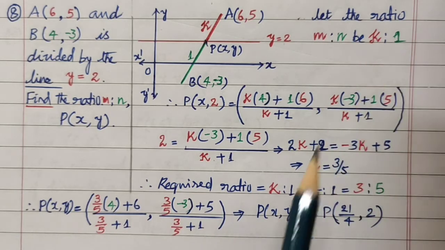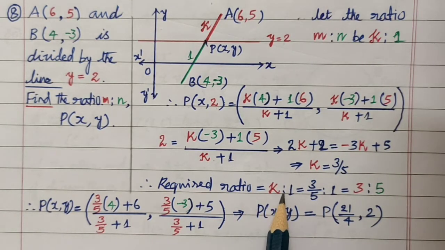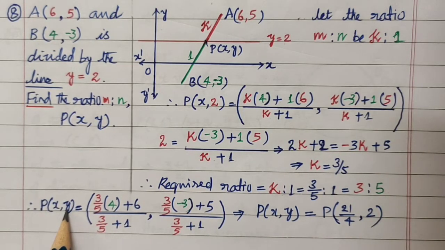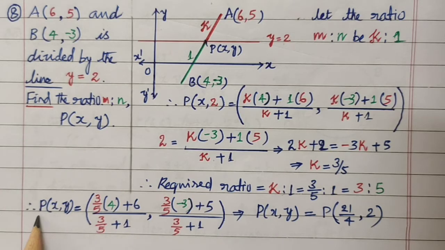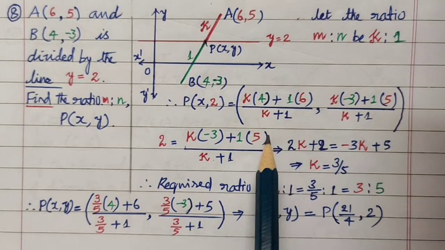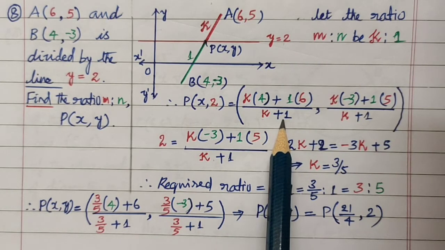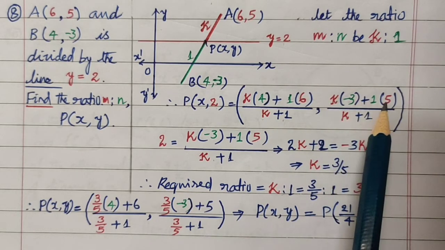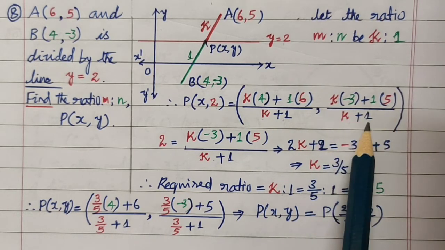3/5 is to 1. The required ratio is k is to 1, that is 3/5 is to 1, which becomes 3 is to 5, where m = 3 and n = 5. P(x, y) is given by x = (k into 4 + 6) / (k + 1), y = (k into -3 + 1 into 5) / (k + 1).